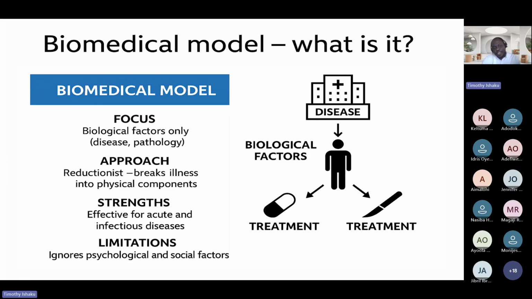But this excludes a lot. You look at just the biomedical physical or physiological derangement of our human body. So think of us as humans and our complexities. It excludes what we call the psychological factors as well as the social factors.